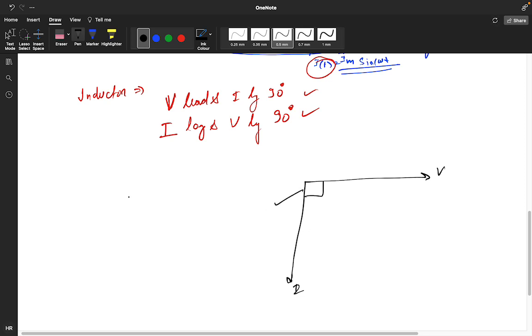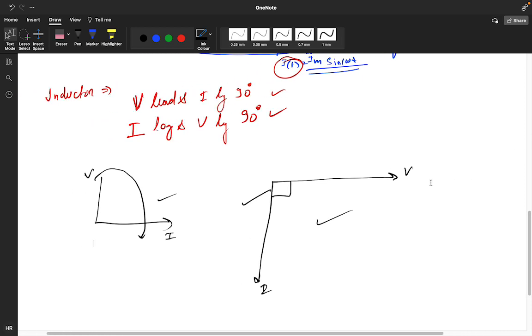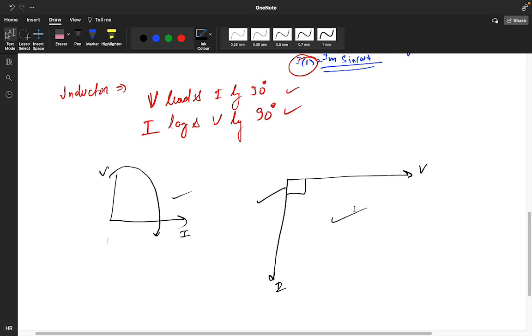So this is also true, and this is also true. We just move this part, so both are true representations.